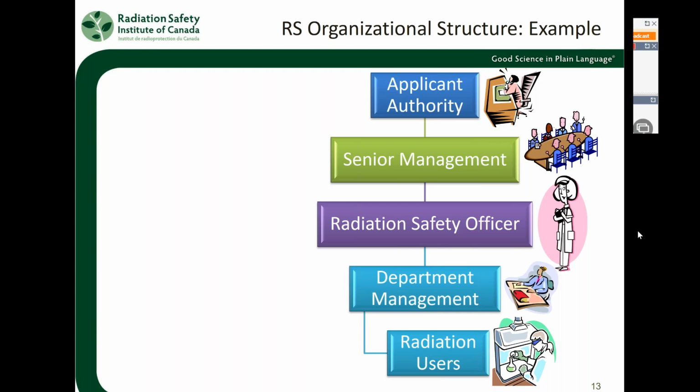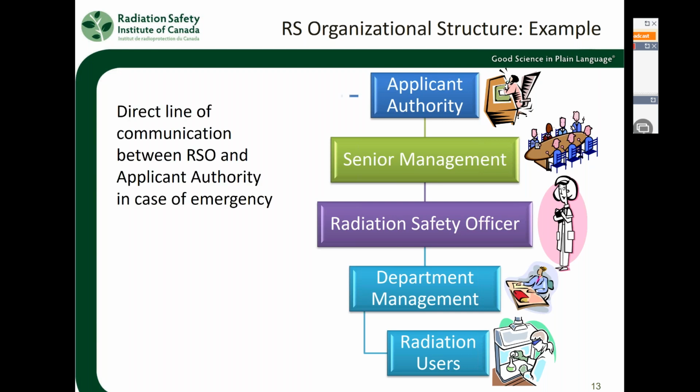Within the structure, we want to see the radiation safety officer, and we also want to outline where the radiation users are. Some key things is that the radiation users should report in some way, shape, or form to the radiation safety officer. So we want to see the radiation safety officer above radiation users so that they can enforce radiation safety protocols.